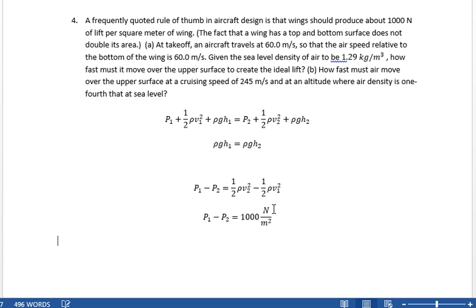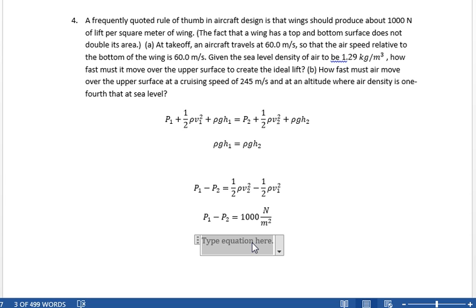And we know rho, because rho is 1.29 kilograms per cubic meter, and we know V1 is 60 meters per second, and so we're after V2, right?